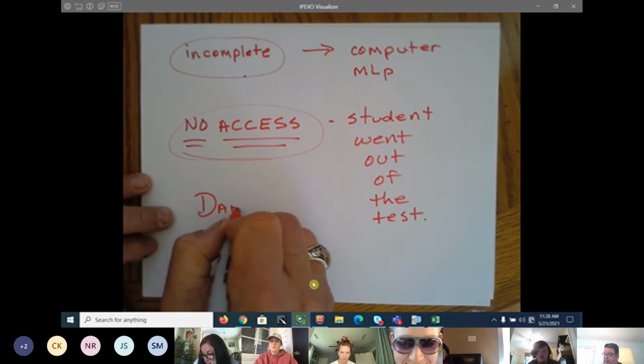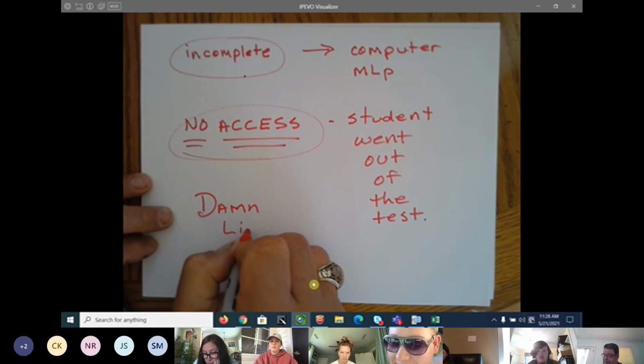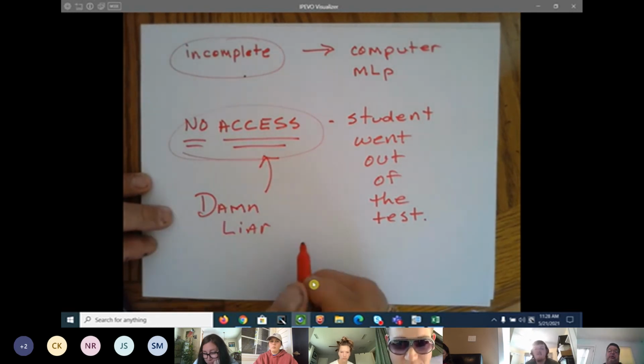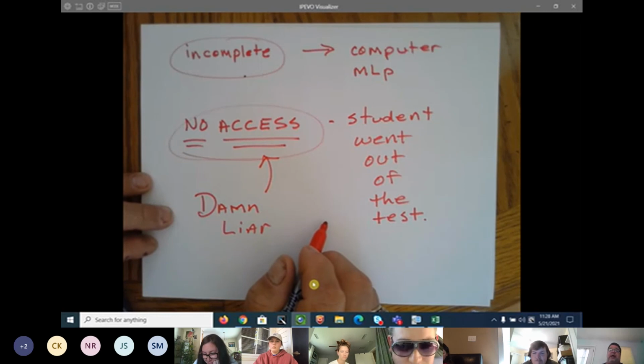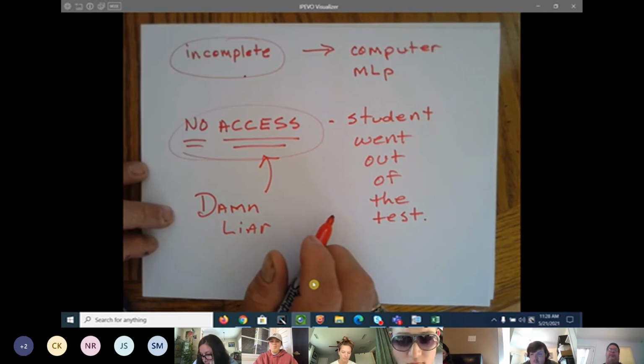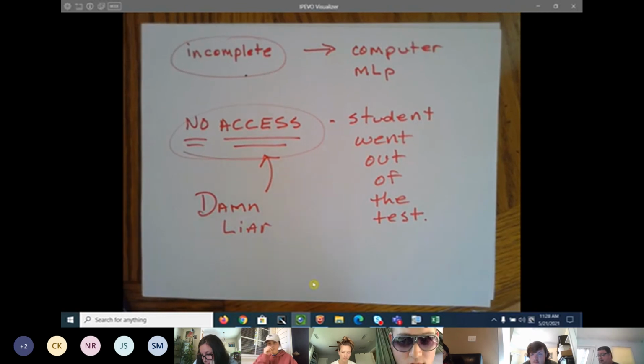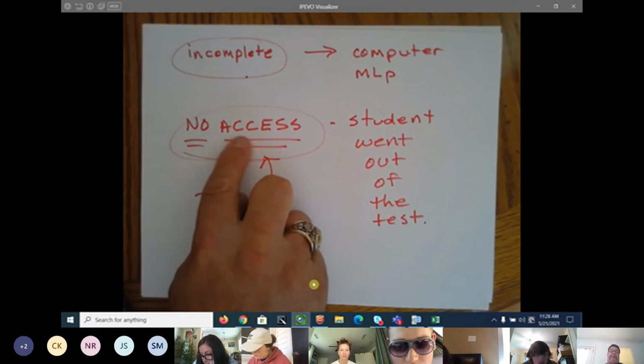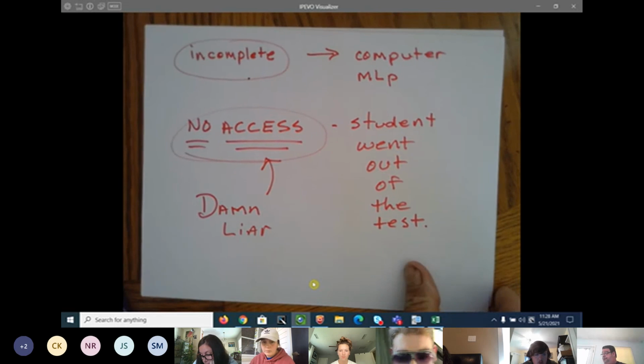You a damn liar, because the computer says you have no access because you went out of the test. Now, please, just tell me, okay? All right. So if you go out of the test and go to Wolfram or go to another, it's going to shut you down. All right.